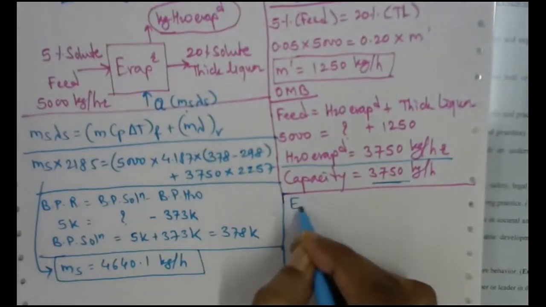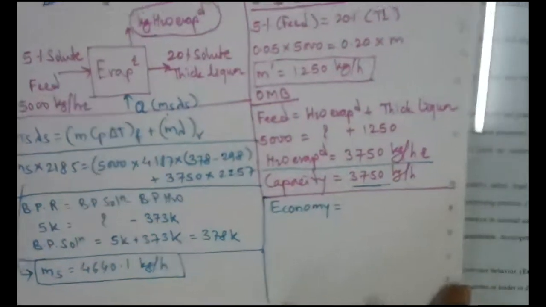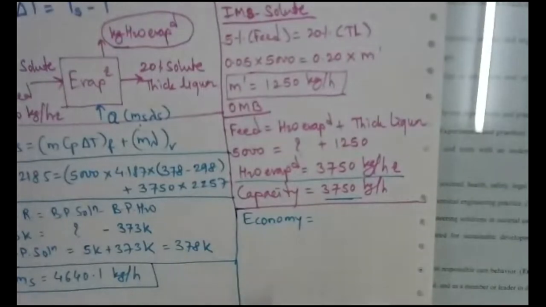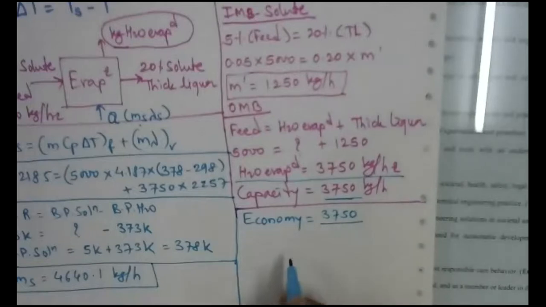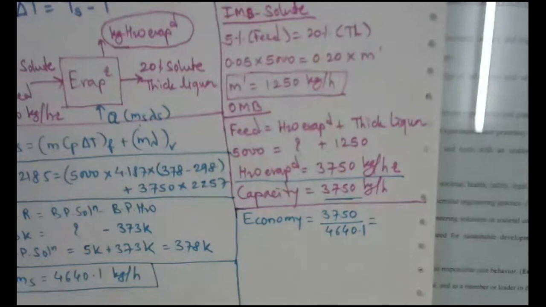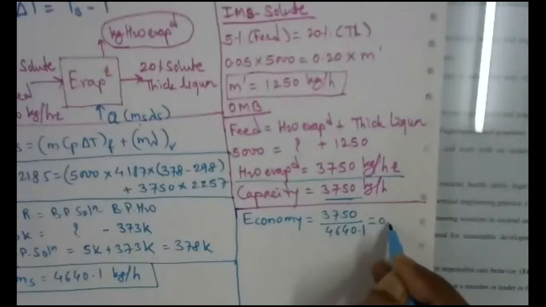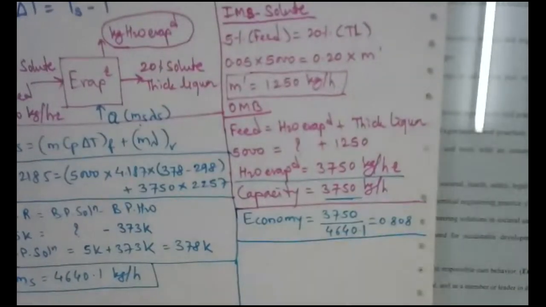So we can calculate the economy as the kg of water evaporated, that is 3750 kg per hour, over the kg of steam fed, that is 4640.1. So the economy of an evaporator is 0.808.